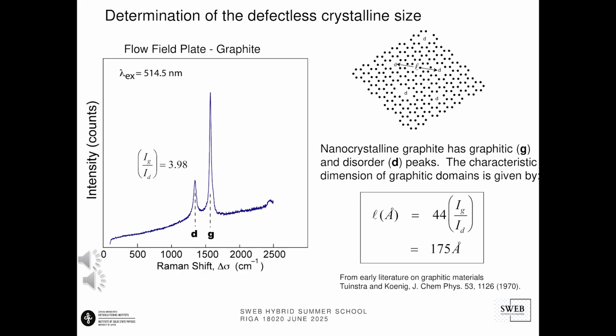A relationship has been found between the size of the defect-free area and the ratio of the G and D band intensities. In the example shown in the slide, the size of the non-defective particles is 175 angstroms.